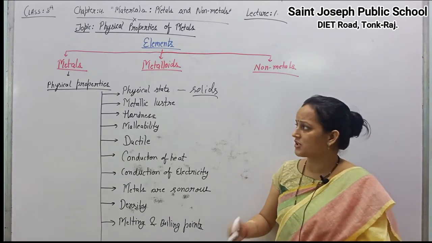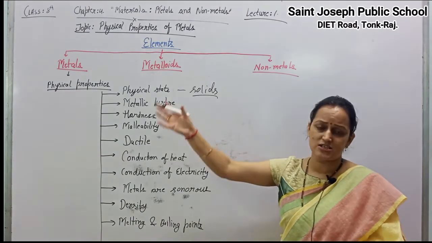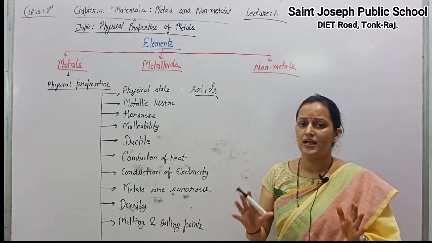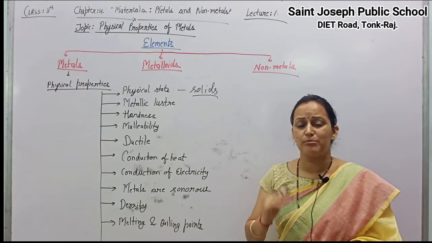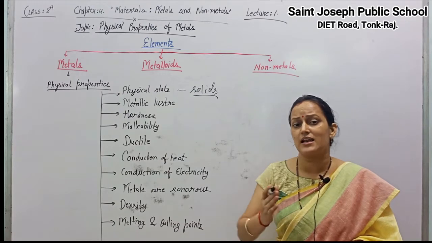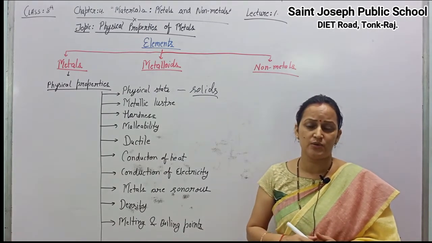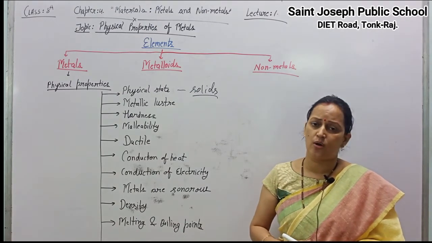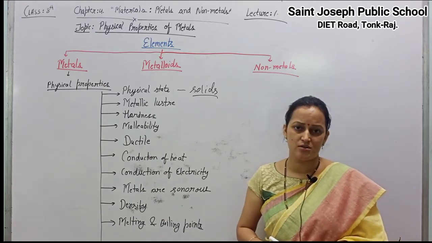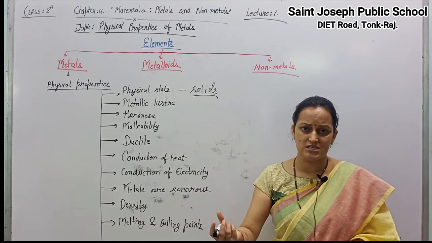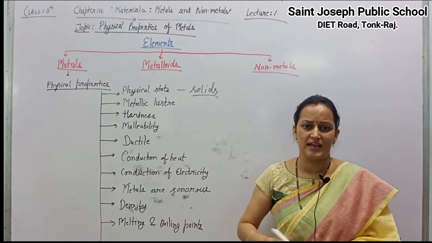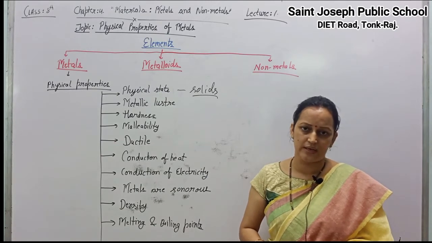So the best exception of this physical state of metals is that all the metals generally exist in the solid state, but mercury is a metal which exists in its liquid state. ये एक metal होते हुए भी liquid state में generally normal room temperature पे exist करता है, which is used in the thermometers also. In the bulb of the thermometer, mercury is filled, which expands on heating and gives us the accurate temperature of the body, right?